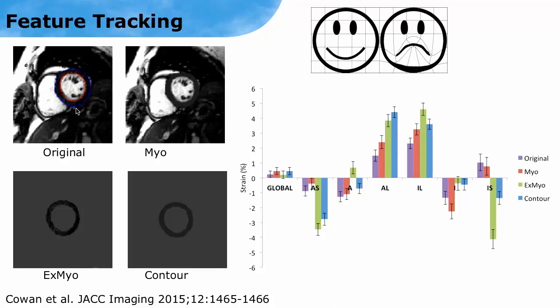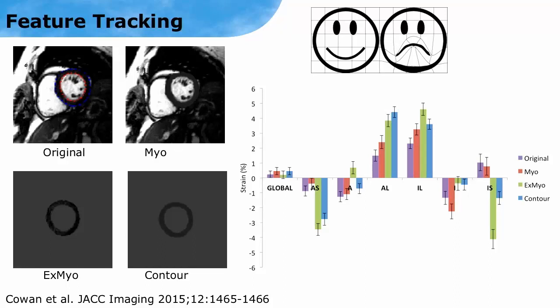is that feature tracking works very nicely if you're looking at the strain around a whole slice, like a whole short axis slice or a whole long axis slice. You can calculate the strain from feature tracking. You will get the same answer as you get from tagging. So you don't have to run tagging if you're just interested in that strain, which is like a global strain around the whole contour.